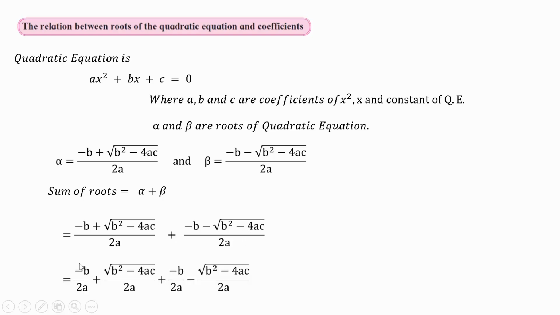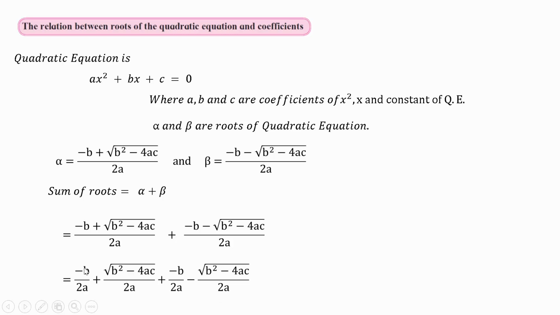By simplifying, this is minus b by 2a plus under root of b square minus 4ac by 2a, and again minus b by 2a minus under root of b square minus 4ac by 2a.